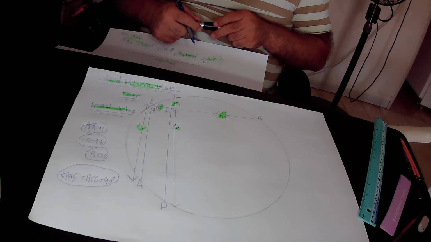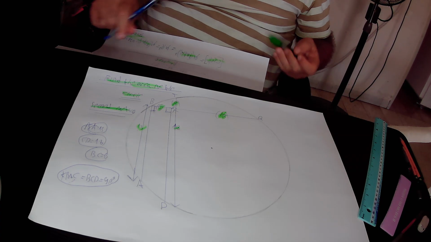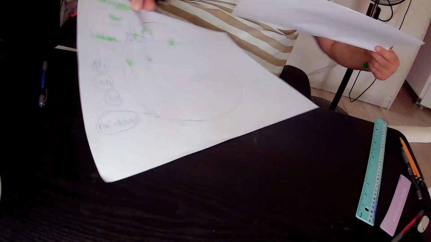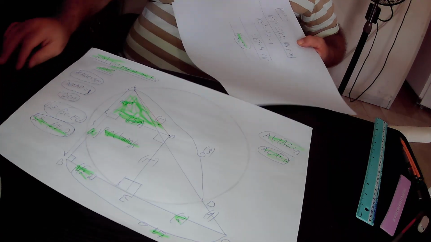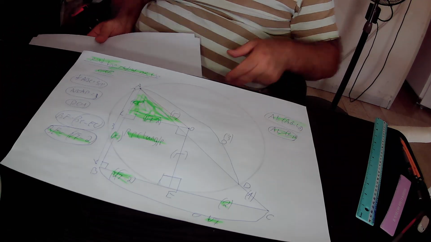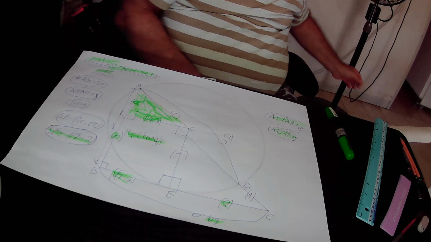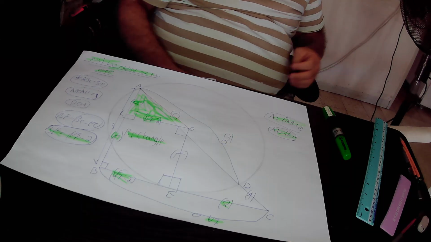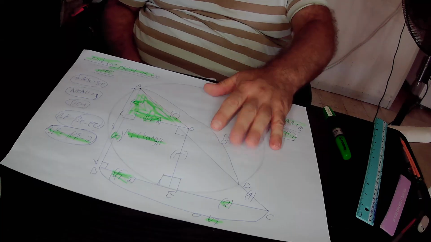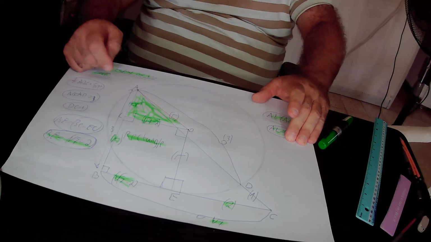So the next step, I will summarize the lecture. I'll start with the first question, of course. In the first question, our task was to find the radius of this circle.